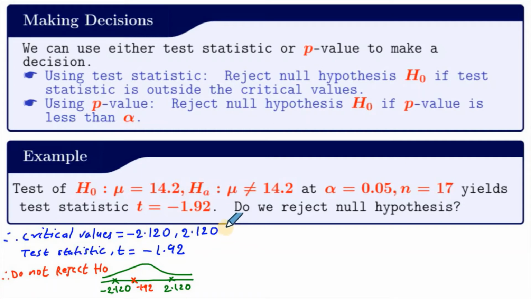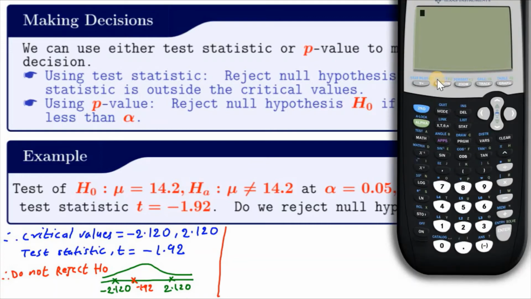So now let me show you how to make this decision using the p-value. To get the p-value with t-distribution, we must use technology. Let's use the TI-84. For that, let me pull up my calculator on the screen. Now go to second distribution. Then we'll be using tcdf, which is number 6 here. tcdf, then hit enter.